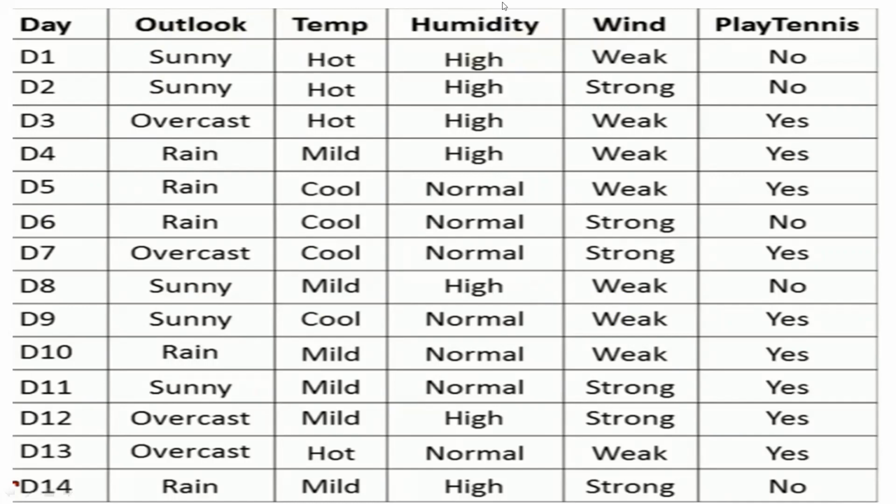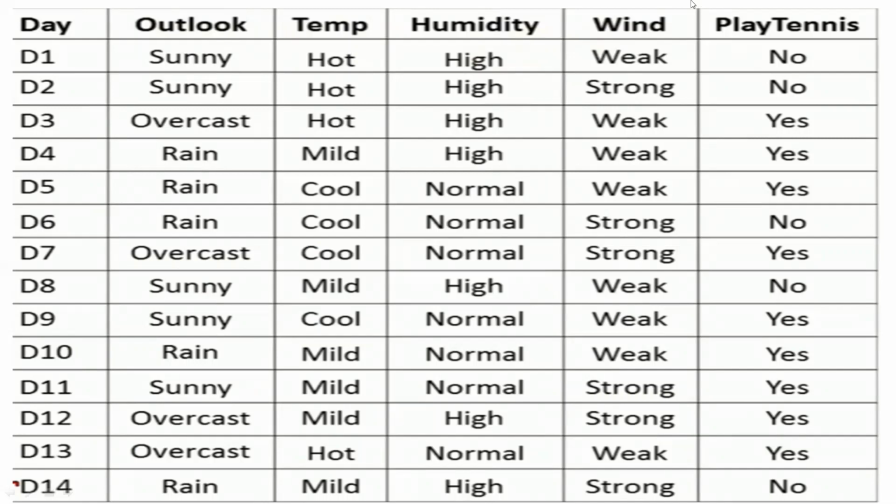Each attribute has some values. Outlook has sunny, overcast, and rainy as values. Temperature has hot, mild, and cold as 3 values. Humidity has high and normal as 2 values.